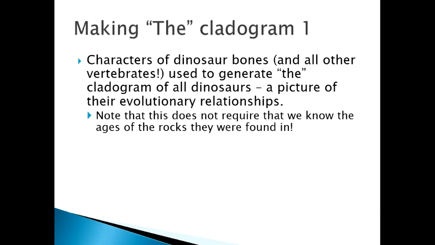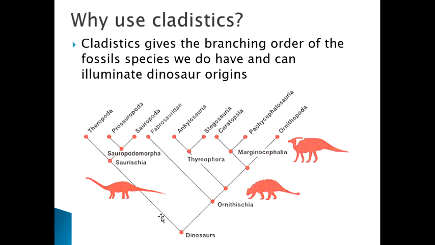Next few slides are simply explaining again what I've just done, how we can use the cladogram to give a picture of the evolutionary relationships of the dinosaurs. But an important note here, notice, is that there are no dates on this. This is strictly done by characteristics of the morphology. What are the bones and the teeth telling us?